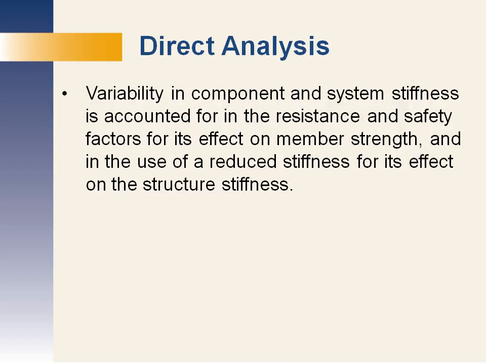And now finally, variability in component and system stiffness is accounted for in the resistance and safety factors for their effect on member strength, and then also in the use of reduced stiffness for its effect on the structure stiffness. So you can see that these 5 things are addressed, some of them on one side of the equation, some of them on the other, and some on both. But in the end, the 5 things are addressed through a combination of modifications to the analysis and modifications to the design strength equations.